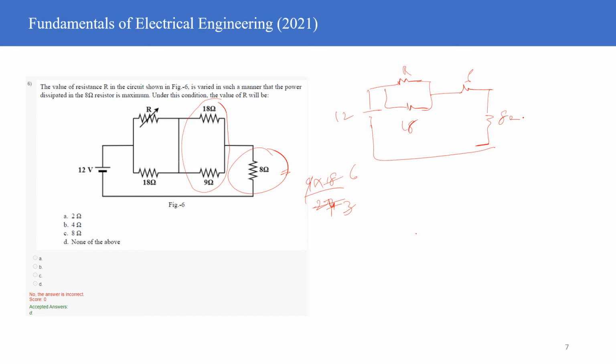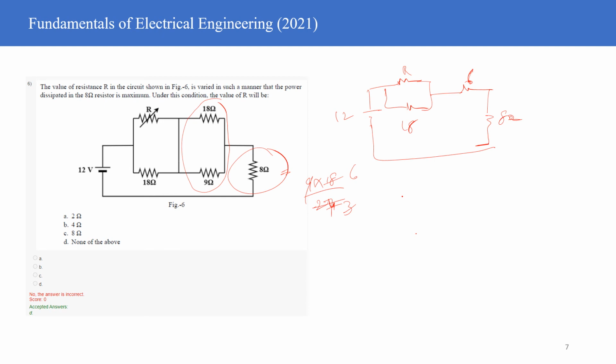And this is 8. So you have 8 ohms with you, and you have 6 here with you, right? Tell me, guys, what will be the current flowing in the circuit?